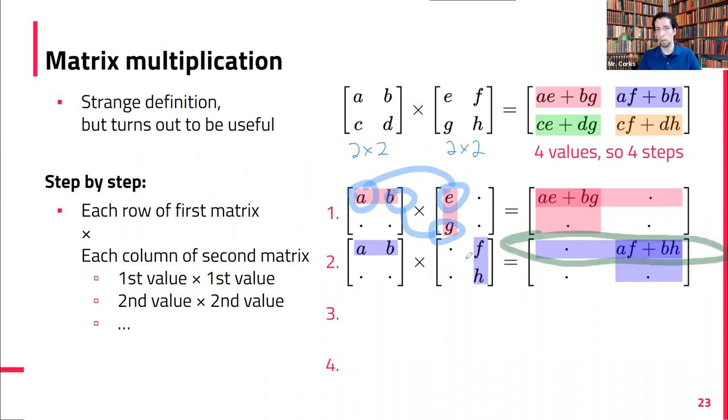And then we have the second column of the second matrix, highlighted there. And where do they overlap? There's only one position where those two things will line up. That's where the result goes. So it's the overlap of the two blue things here, and the overlap of the two red ones for the first step, etc.